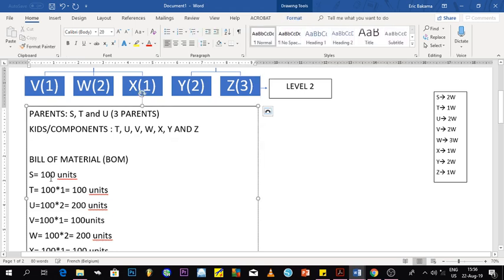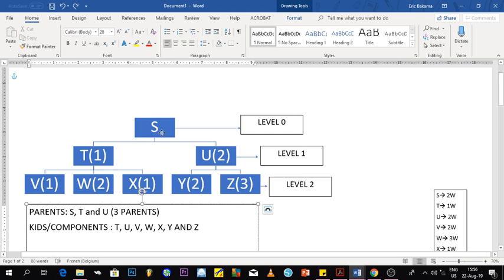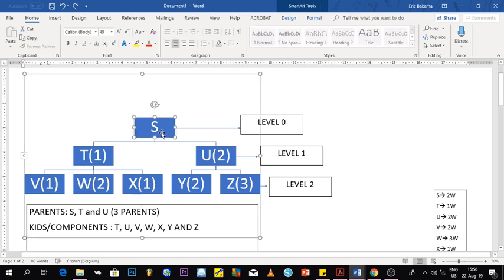If we change this 100 unit, we put it to 150 units, all the calculation below will have to change. So you understand that the demand of the component V, W, X, and so on will depend on the demand of S. If the demand of S is 200, the demand of all these other values will change. That's why we say that MRP is a dependent method. That's why we had to start with dependent demand.